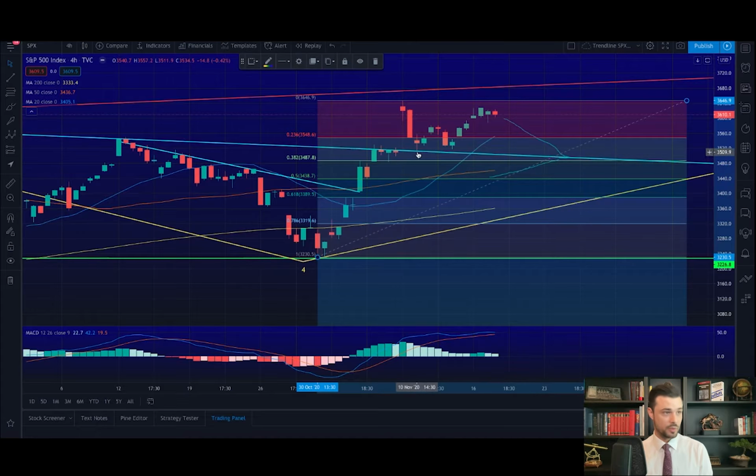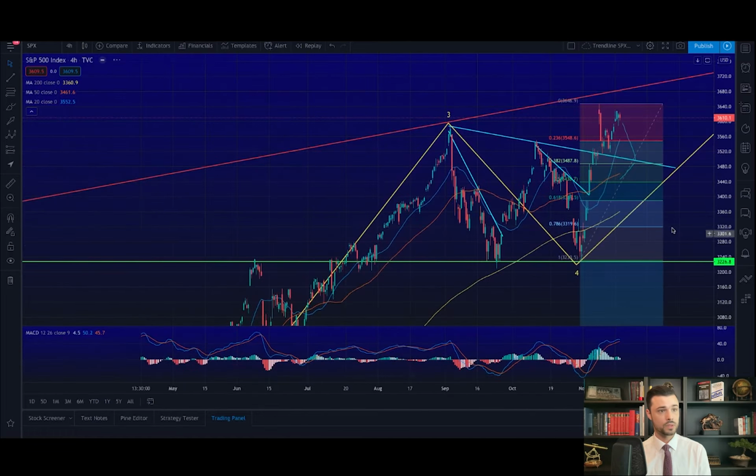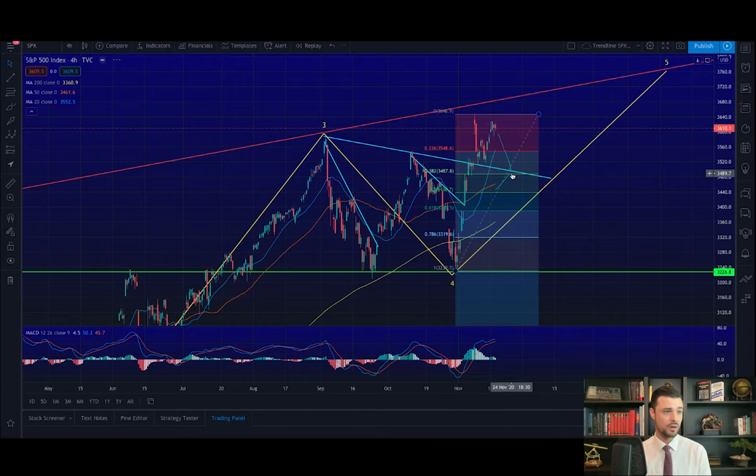For the second time, it was retested here once, here almost retested, but if we retest it again, it would probably act again as support, and we would have the 38.2% Fibonacci retracement, which is followed by a lot of investors. And we also would have the moving averages in this kind of area. The 50 period moving average would be in this area. So this would be for me a nice level to buy, and you could then expect a nice move up. So you just buy here, and you place your stop loss maybe around 34.50 or something like this.